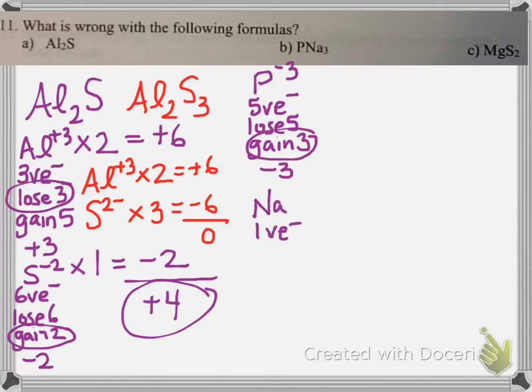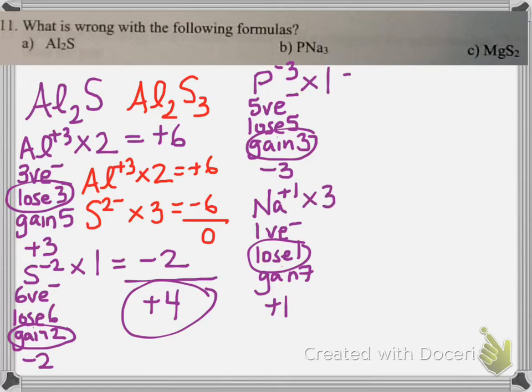It has 1 valence electron, can lose 1 or gain 7. It's going to lose 1, so it has a charge of plus 1. This says that there is 1 of these and 3 of these. So overall I'm 0. So what's the problem with this one?